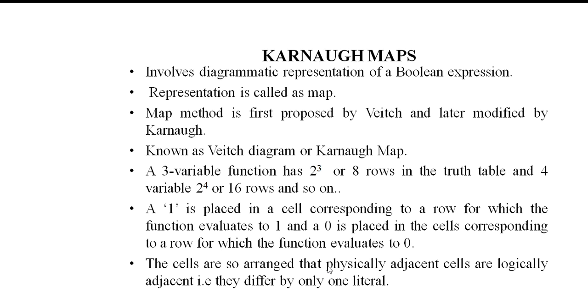Now, how are you going to do this? For that, you will use a diagrammatic representation of a Boolean expression, and this representation is called a map. Initially, this map method was proposed by a scientist, and later the map was modified by one more scientist, Karnaugh.